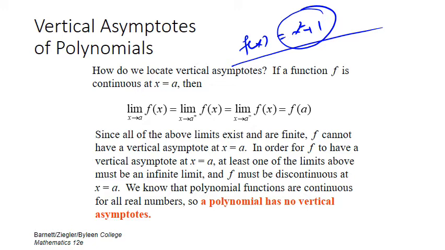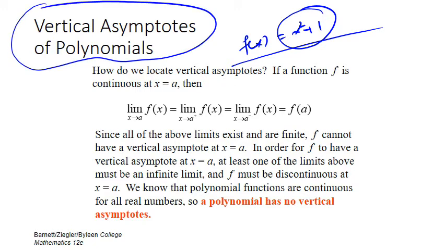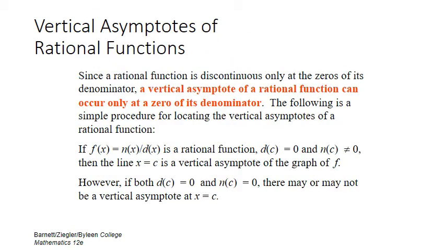So this polynomial does not have any vertical asymptote. The basic summary of this slide is that a polynomial does not have a vertical asymptote because it is defined on all real numbers.